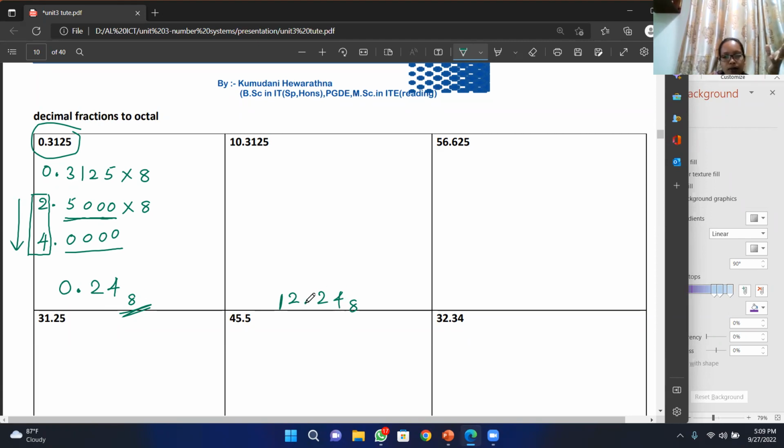So no need to do it again. You have to do it in your calculation, but I'm not going to do it. The 10, you have to divide by 8, that is 1, remainder is 2. So that is 1, 2, and the 0.3125 multiplication, you have to do this way.